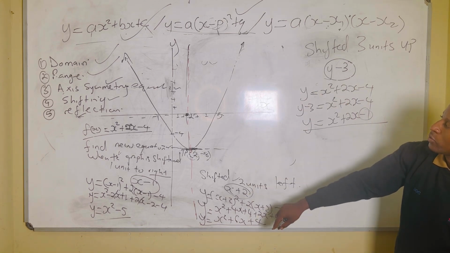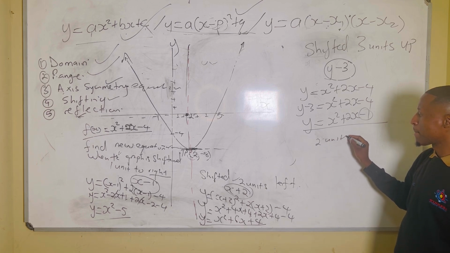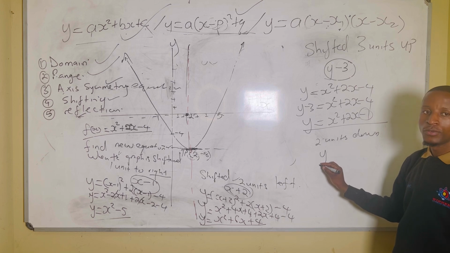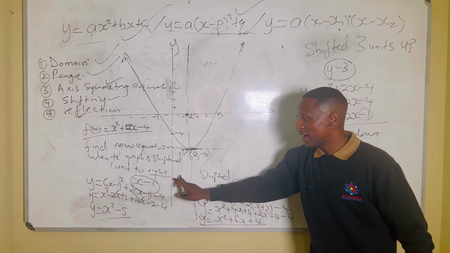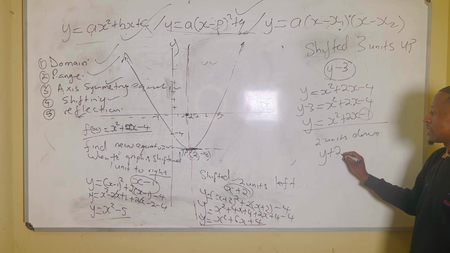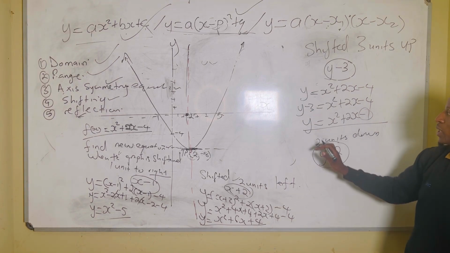The same thing will apply to shifting downwards. Shifted 2 units down. Shifting down affects y values. What sign do you find here for down? You find the negative, you do the opposite, it's going to be a plus 2. Wherever there is y, you take this and substitute where there is y.